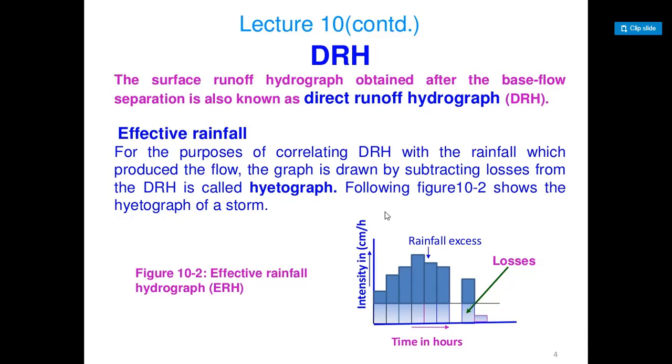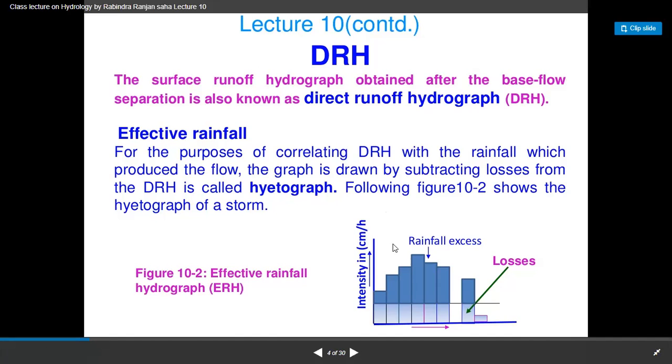The following figure 10.2 shows the hydrograph of a storm. Here, effective rainfall hydrograph, the shortcut is ERH. Here, guys, intensity in centimeters per hour is on the y-axis and time is on the x-axis. So we are taking the rainfall axis, and here the arrow mark shows the losses.